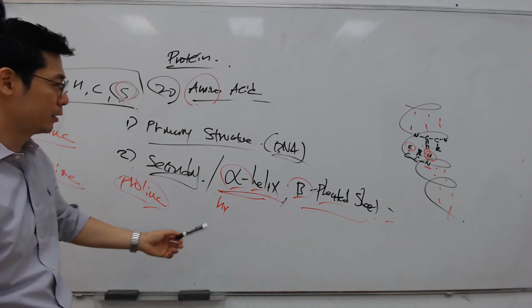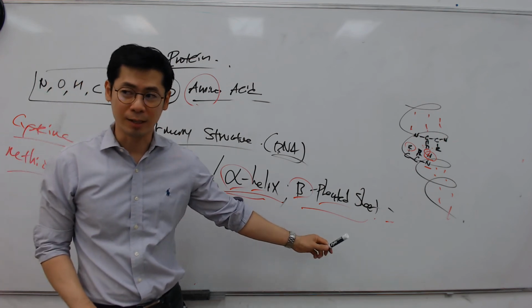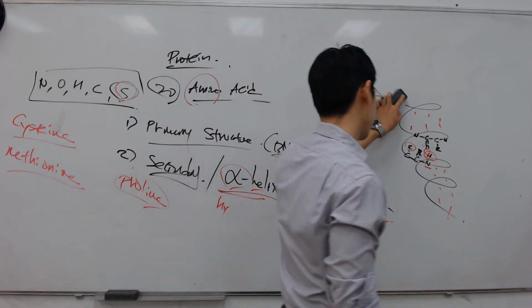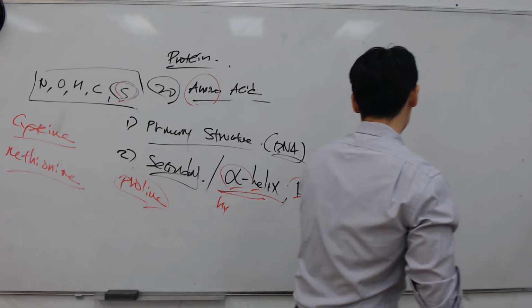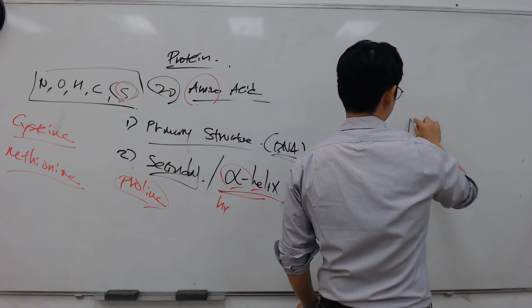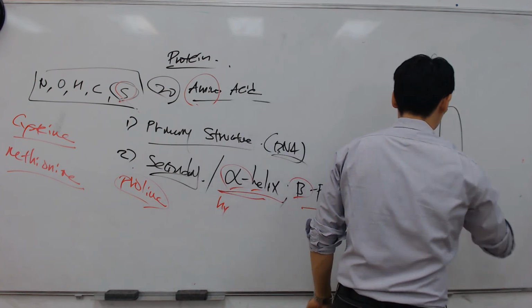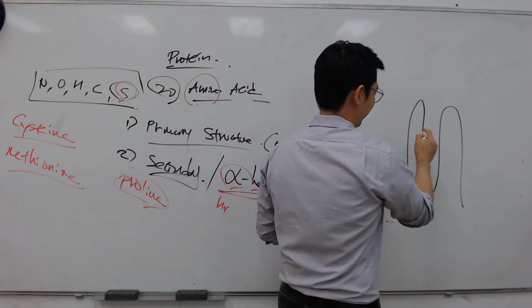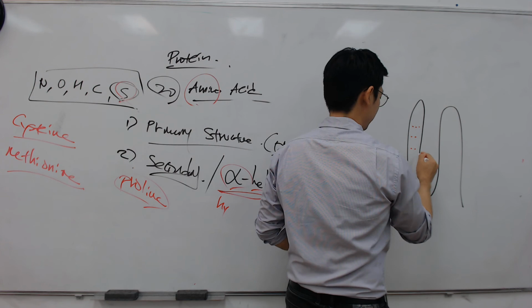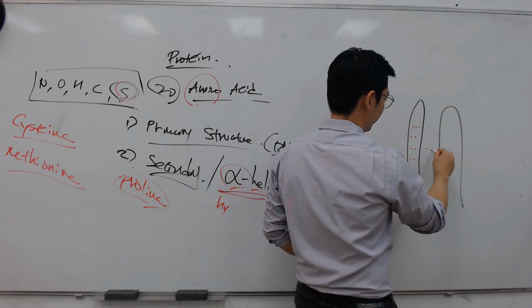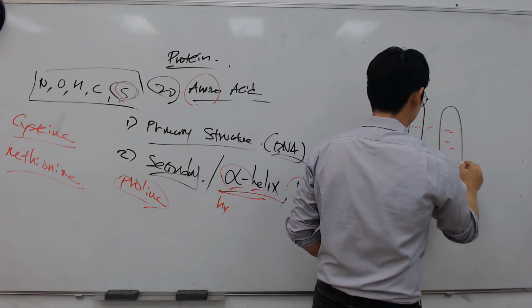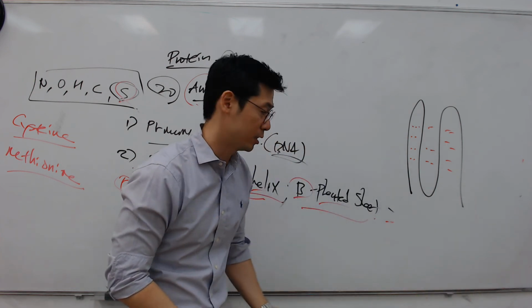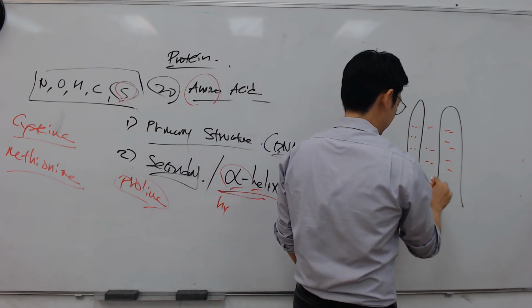That's the alpha helix. What's a beta sheet? If the strands of amino acids run parallel to each other like this, then hydrogen bonding can be created between the strands of the parallel lines. When they create a sheet of amino acids, that's what we call the beta pleated sheet.